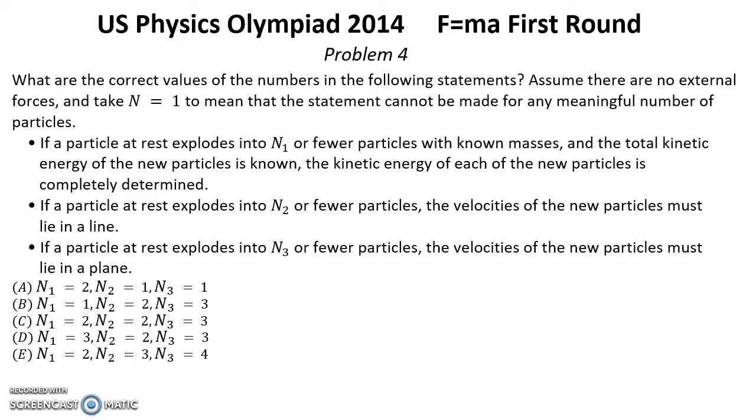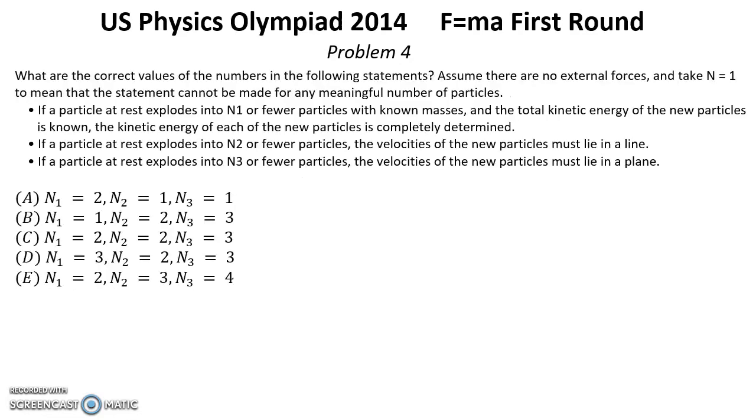Thus, up to overall direction, they are entirely determined by the kinetic energies. There are 2 independent equations governing the kinetic energies. The total momentum must be 0, and the total kinetic energy is fixed. Thus, the kinetic energies are fully determined in this case and n1 equals 2. So, the correct answer is C. n1 equals 2, n2 equals 2, and n3 equals 3.